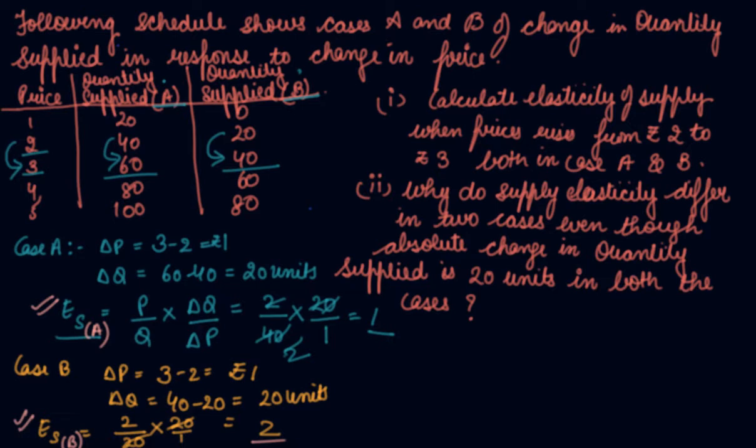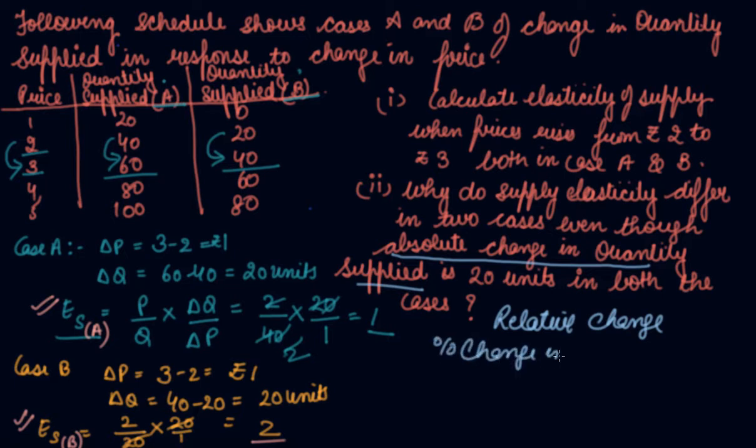Now for this, let's understand. See, it is an absolute change in quantity supplied, meaning the units. We have to find out the relative change, that is the percentage change in quantity supplied.